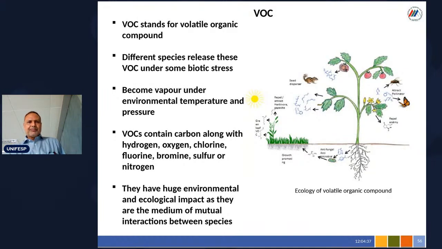Volatile organic compounds are released by different species under some biotic stress, and they become vapor under environmental temperature and pressure. VOCs contain carbon along with many other compounds. I think you are familiar with these things. They have a huge environmental and ecological impact as they are the medium of mutual interactions between species. As I told you already, for pollination, the flowers emit something to attract maybe butterflies and other insects.